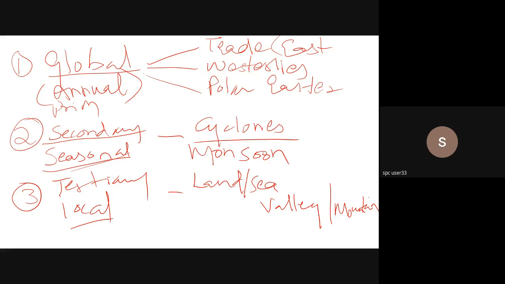I just want you all to get a clear idea of the levels of wind systems: primary, secondary, tertiary. Primary are global winds. Secondary are seasonal, for example cyclones and monsoons. And tertiary are local winds.